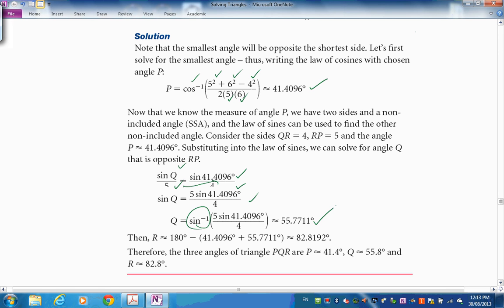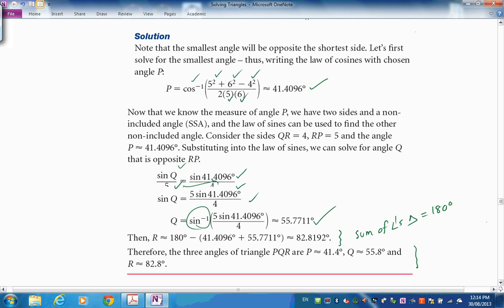Inverse sine there to find that. And then, of course, always the last angle: don't work it out with sine and cosine rule, use sum of angles of a triangle equal 180 degrees. Take the other two away. And then you do your rounding only at the last level there.